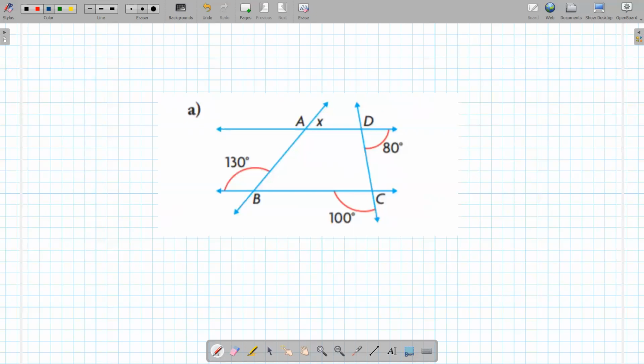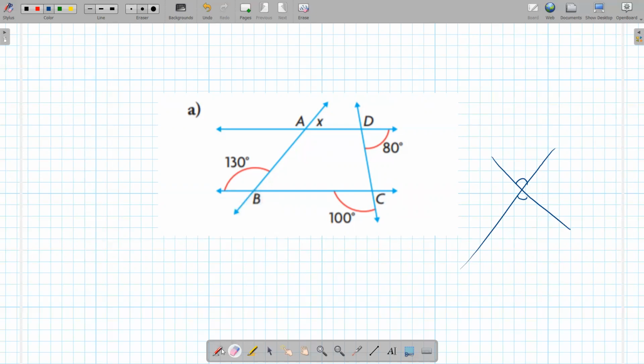Well, B would be 50. No, 130 and B, they're not on a straight line, right? This would be 50, this one. Actually, there's another rule that I didn't tell you. Opposite angles, you see this and this? They're equal. Opposite angles are equal.